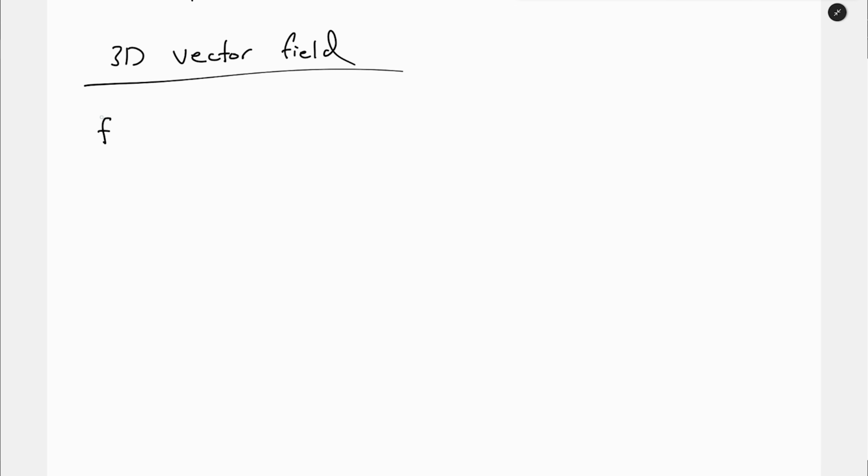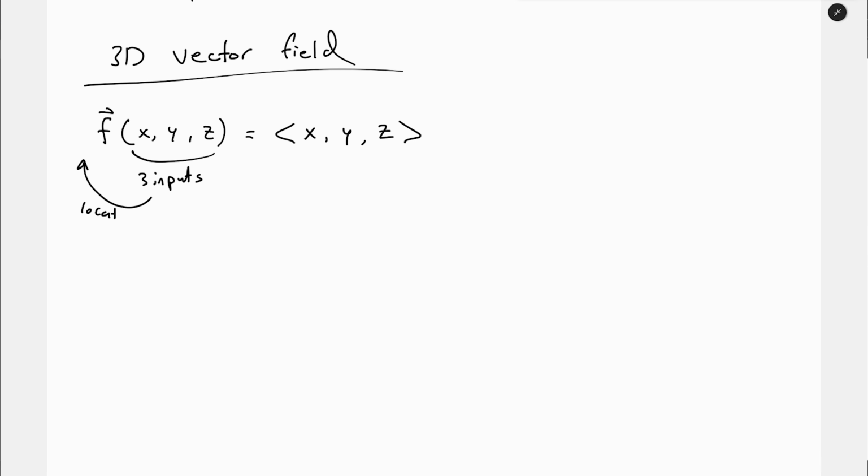And maybe for this one, x, y, z. I will repeat again, 3 inputs, and these are the location of the vector, and our vector is dependent on the location.